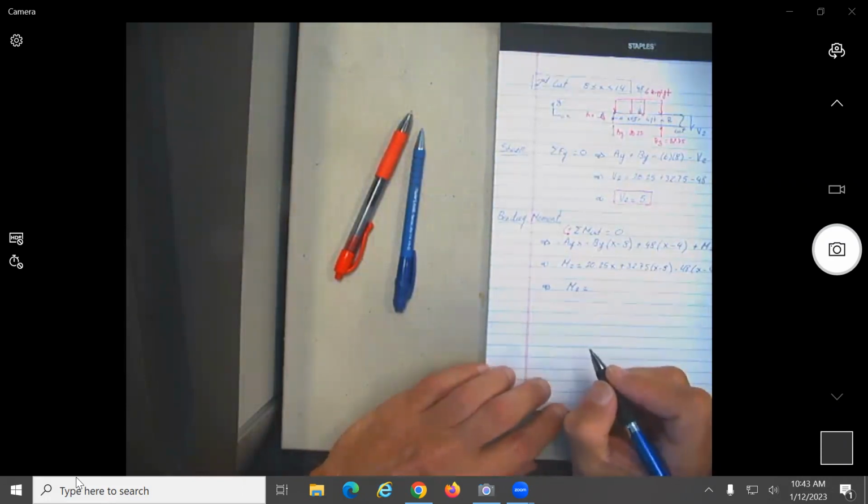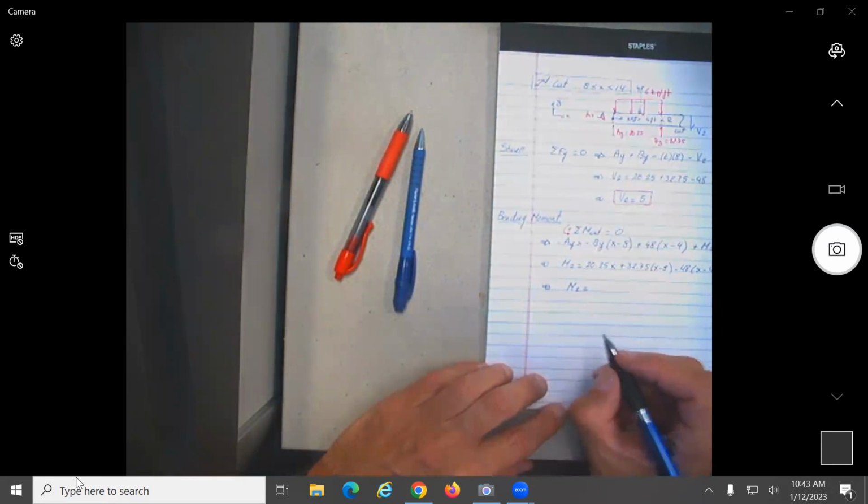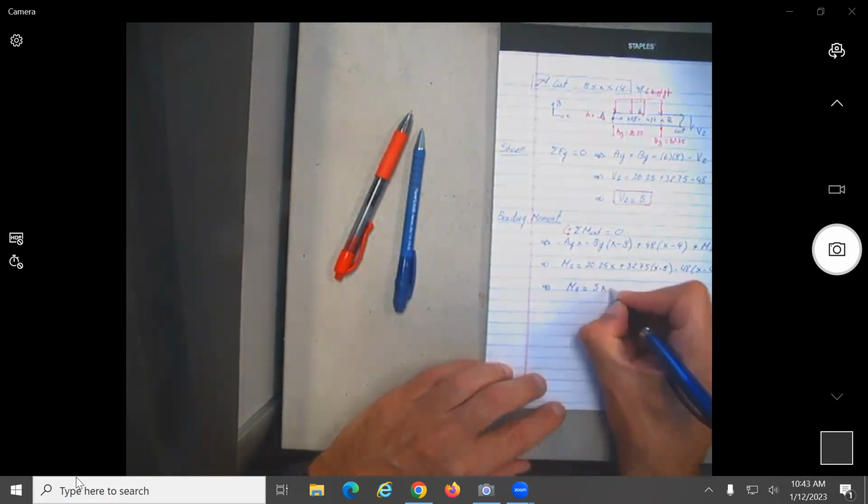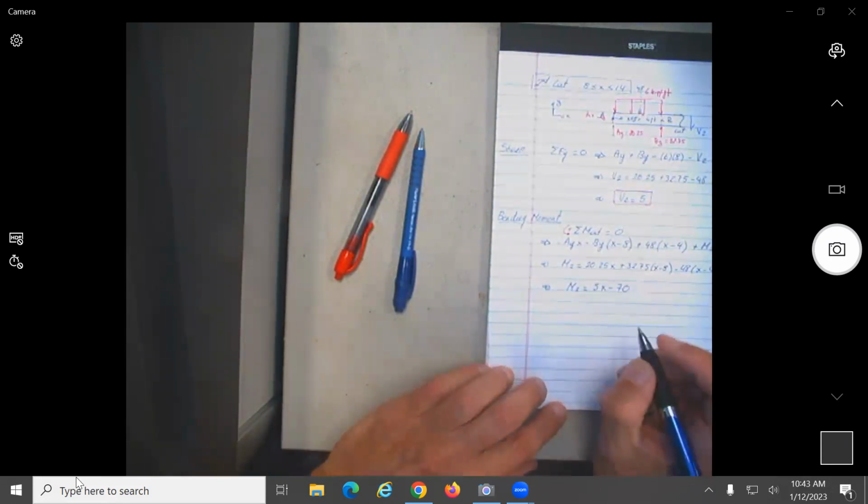If you do the algebra, this should give you something pretty simple: M2 of X equal to 5X minus 70.